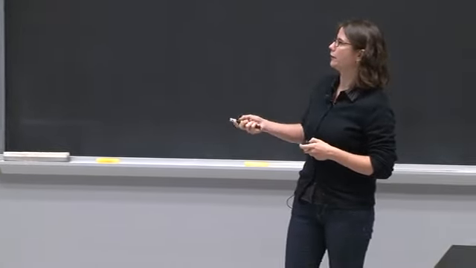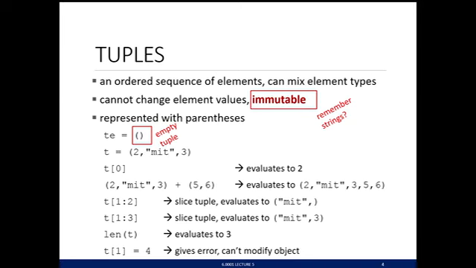The way we create tuples is with these open and closed parentheses. This shouldn't be confused with a function call. It's just how you represent a tuple. For a function call, you'd have something right before the parentheses. This is just how we chose to represent a tuple.